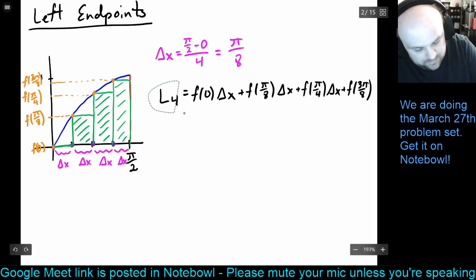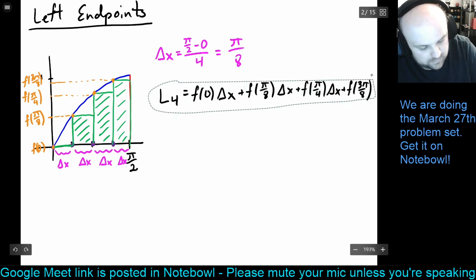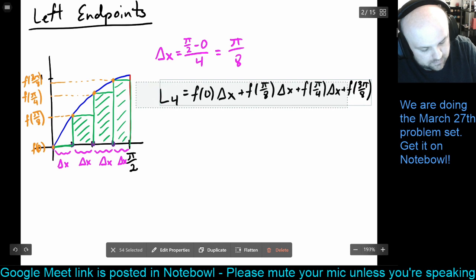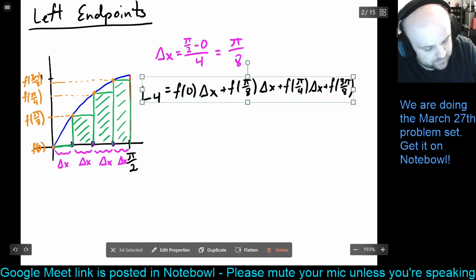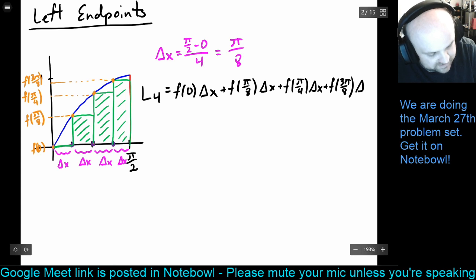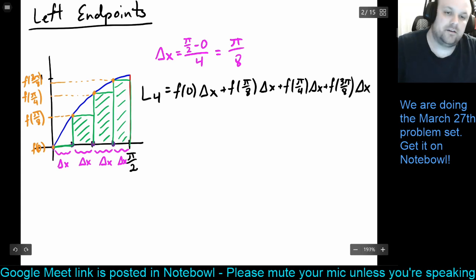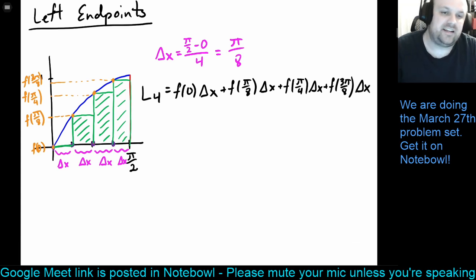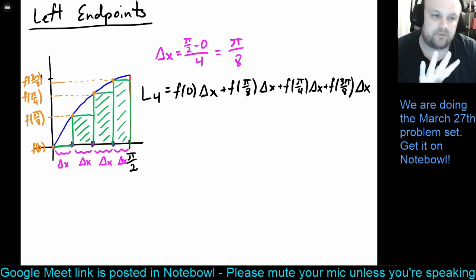Keep running out of room. All right, so remember, L4 stands for the area estimate with left endpoints and 4 rectangles.